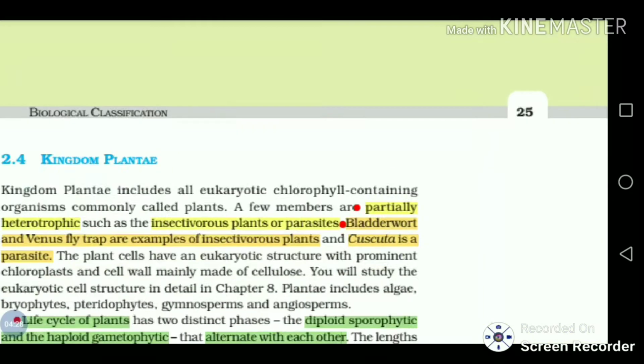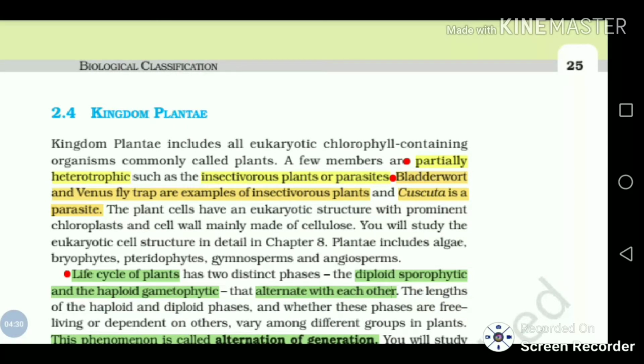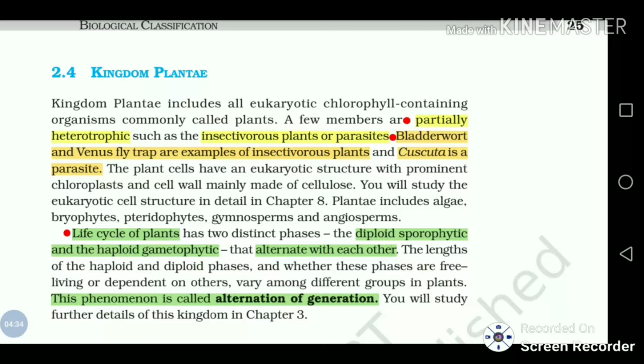Now moving on to the next kingdom, Plantae. They are partially heterotrophic. I am only elaborating the main points here; later on we will have another chapter. So the main points are: they are partially heterotrophic, and there are insectivorous plants or parasitic plants too.